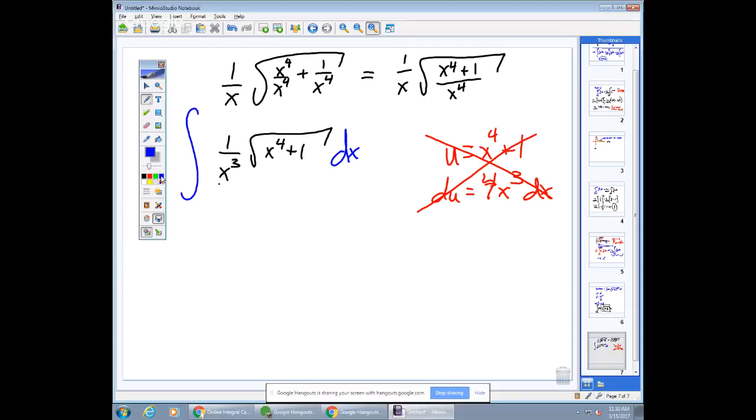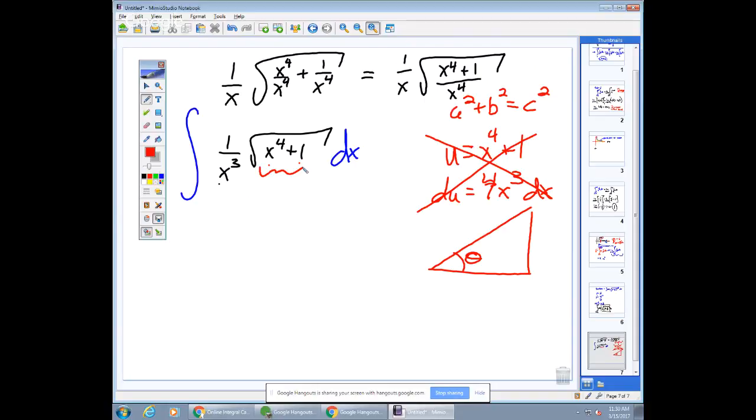So I guess I'll stay in red. For trig substitution, I want to consider a triangle. Since this is a sum right here, according to the Pythagorean theorem, a squared plus b squared equals c squared, this must be related to my c.